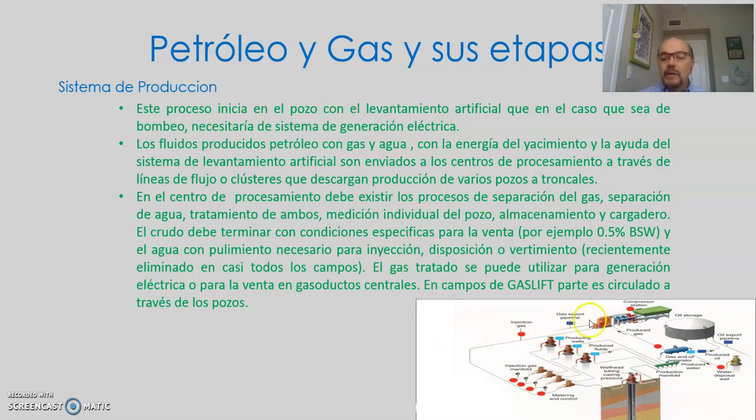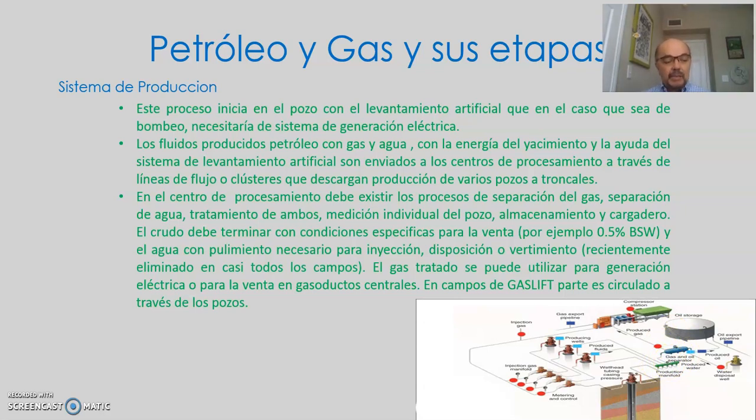So in this particular case, we're talking about the gas lift system, where we have wells producing oil and gas and water and being lifted with gas. So all that we produce goes to the separator, where I separate gas from liquid in some cases, like in the Lake of Maracaibo.